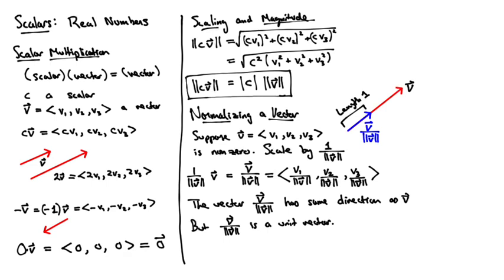It will be common practice to refer to this normalized vector as the direction of the vector v. So if I ever say, find me the direction of a vector, I want you to normalize and just obtain that unit vector that's pointing in the same direction. And we'll use unit vectors exclusively to describe the direction of a vector.